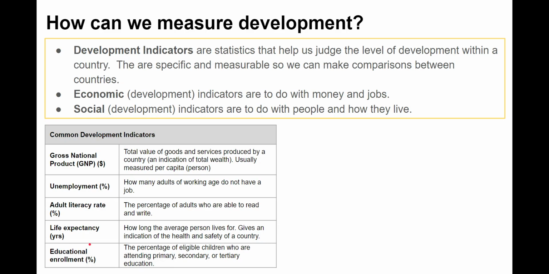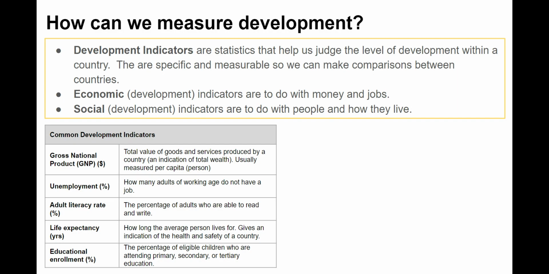And finally, at the bottom here, educational enrolment, which is also a percentage. The percentage of eligible children who are attending primary, secondary, or tertiary education. In other words, what percentage of children in the country actually go to school?